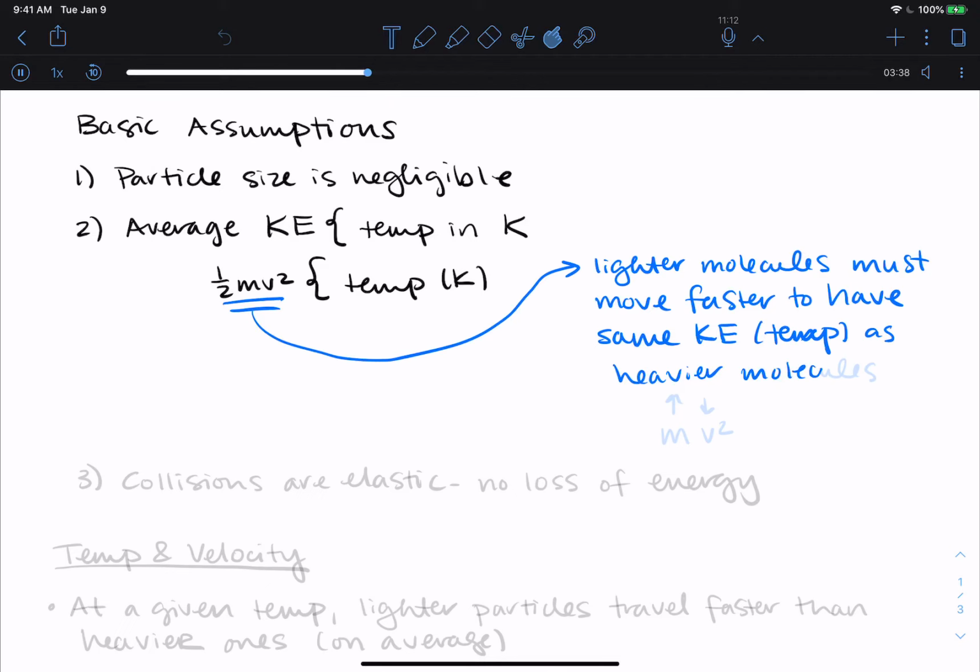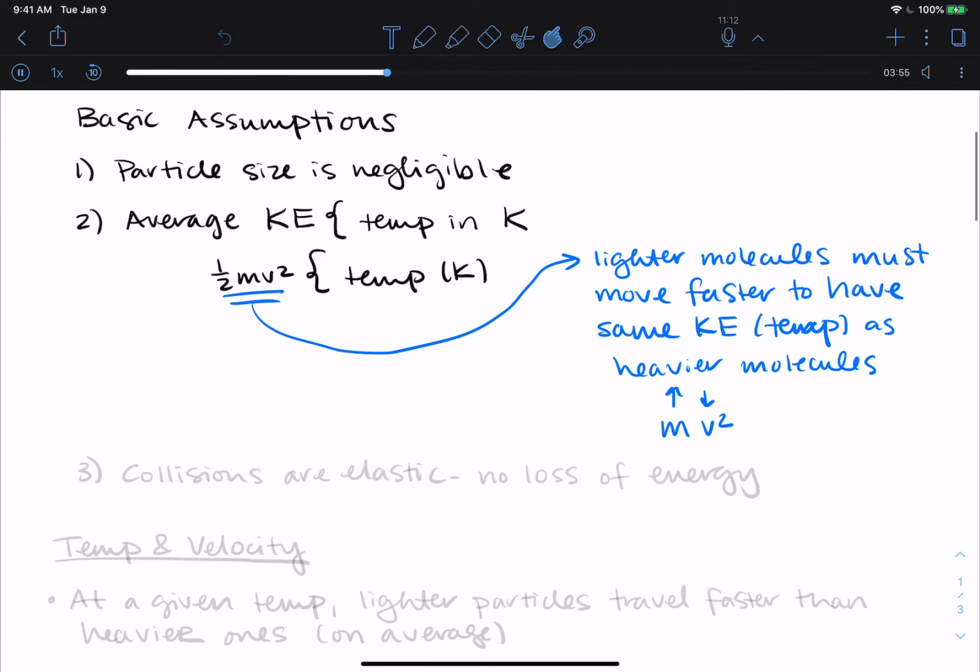So in mv squared, if the mass goes up, the velocity goes down, and vice versa, if they're at the same temperature.